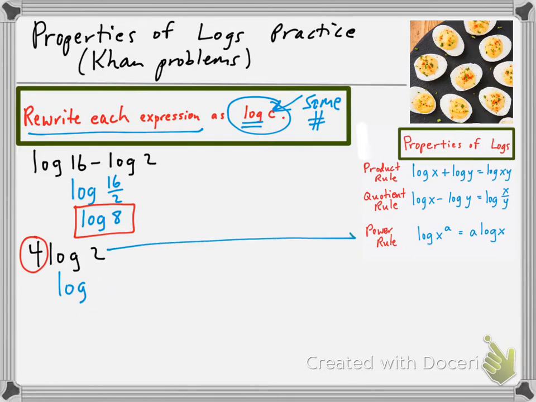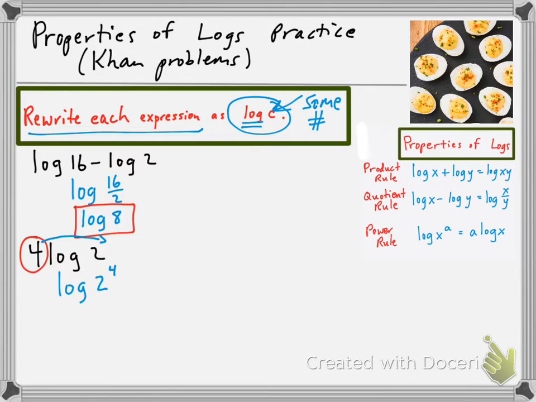So look over here, we have the power rule. So we have a times the log of x equals log of x to the a. So we're going to go ahead and rewrite this as log of 2 to the, and we get to just move that 4, that number out in front, to the exponent position, and that's exactly what we get to do.